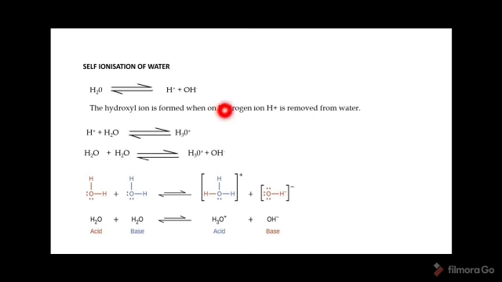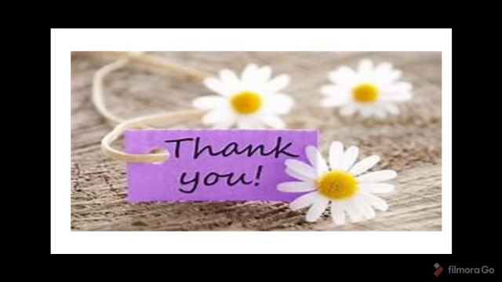When H+ approaches water, it produces H3O+. Or you can also make H3O+ when two water molecules combine, forming H3O+ and OH- ions. These are reversible reactions. So H2O produces H3O+ and OH-. This is the structure of the hydronium ion, and this is the structure of the OH- ion.